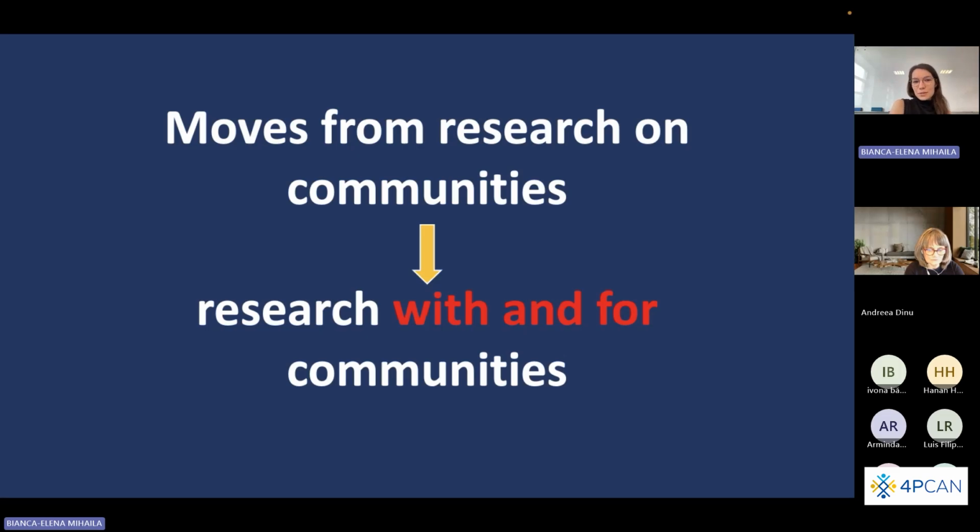This slide relates to the fact that, with the help of the living labs, we move from research on communities to research with and for communities, trying to help these communities understand their needs, to focus on what they are asking from us in terms of access.